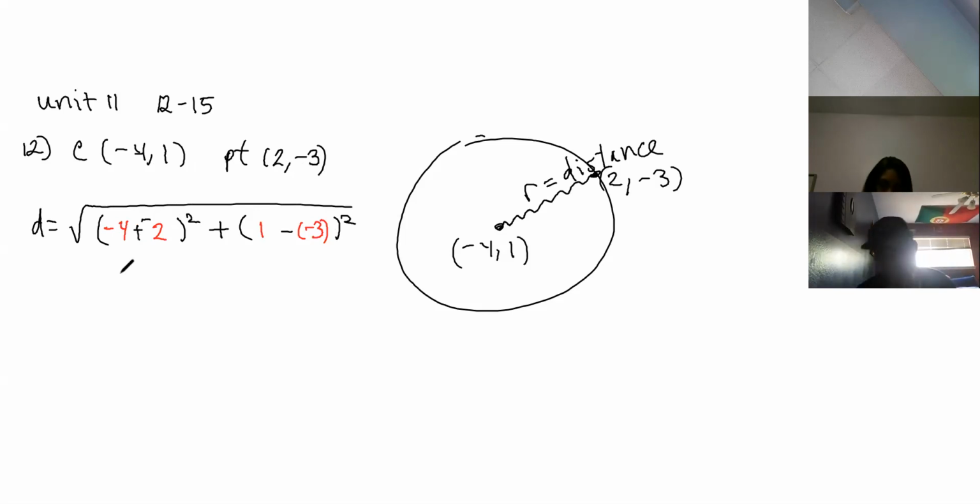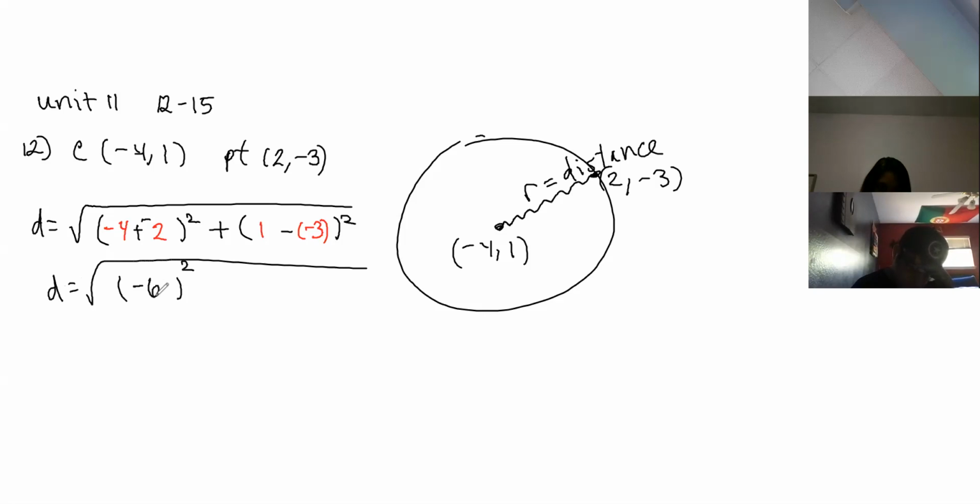What would that give me on the first one in parentheses? -6? Yeah, -6. And then the other one, +4? Yeah. So 36 plus 16, and what is 36 plus 16? 52.